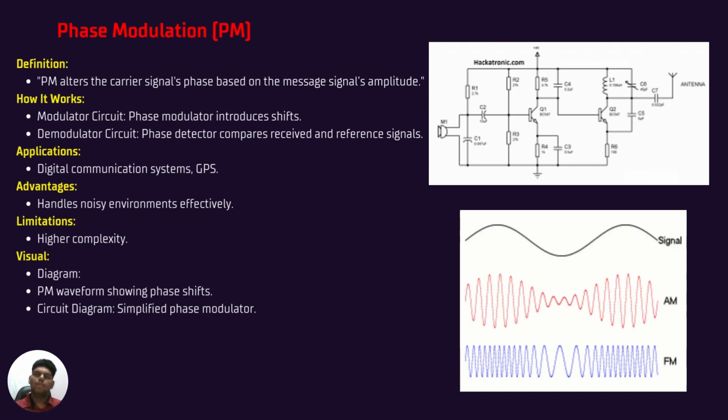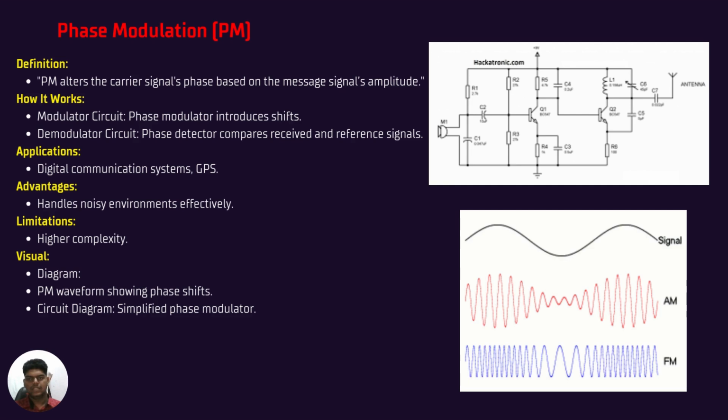Phase modulation, or PM, is similar to FM, but instead of varying the frequency, we change the phase of the carrier signal based on the message signal's amplitude. PM is commonly used in digital communication systems and is closely related to frequency modulation.